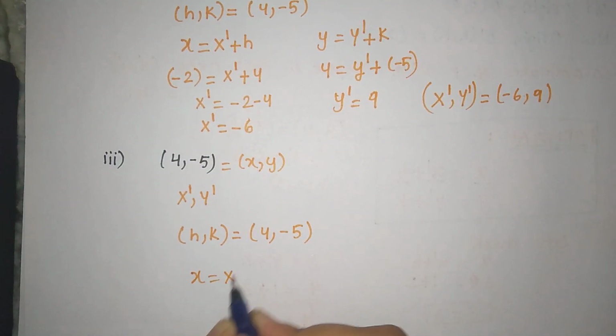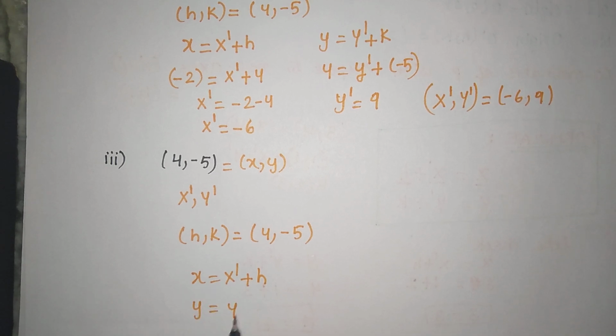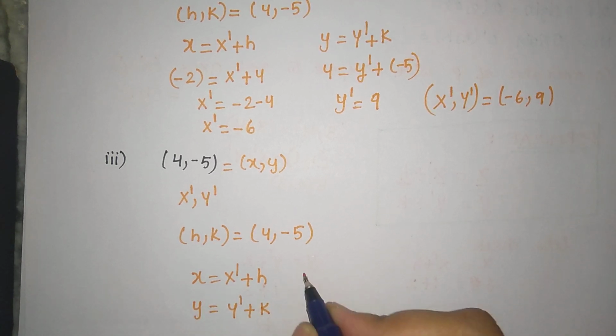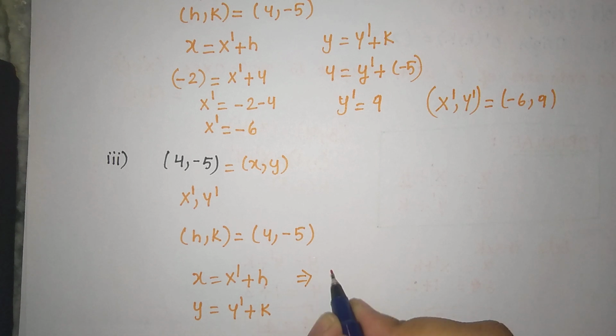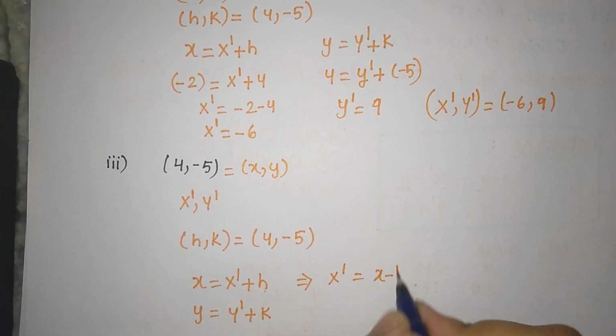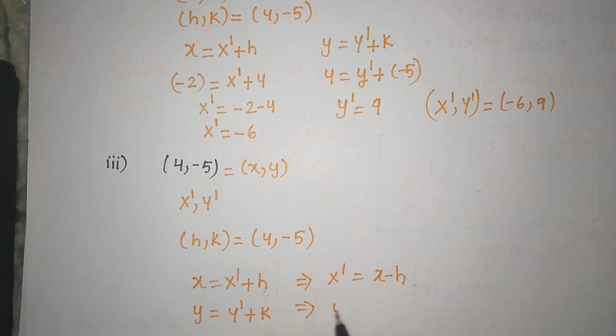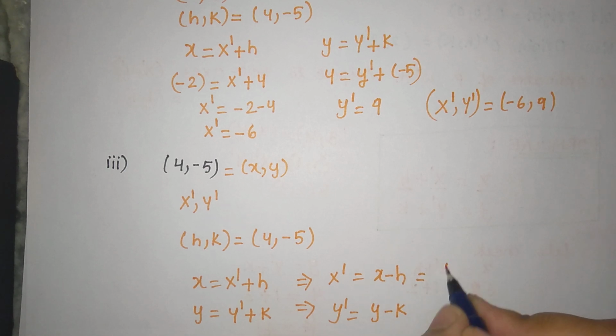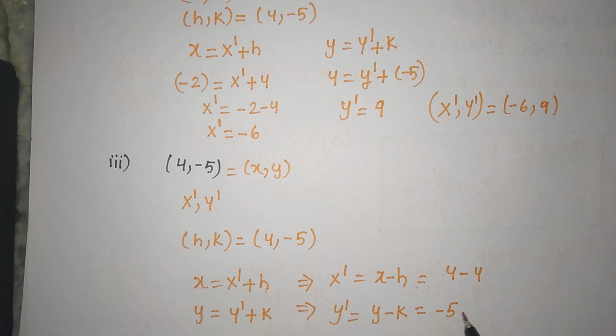Small x is equal to x dash plus h. y is equal to y dash plus k. So you can change the formula like this also. x dash is equal to small x minus h. y dash is equal to small y minus k. Directly you can find out then. 4 minus 4. Okay. Minus 5 minus of minus 5, that is plus 5. This is 0, 0.